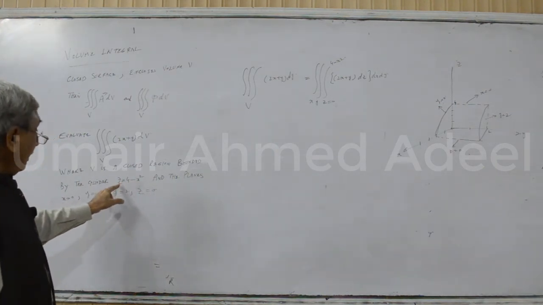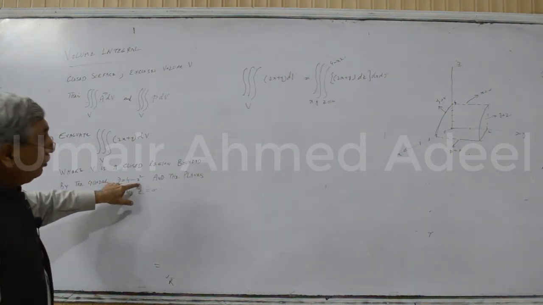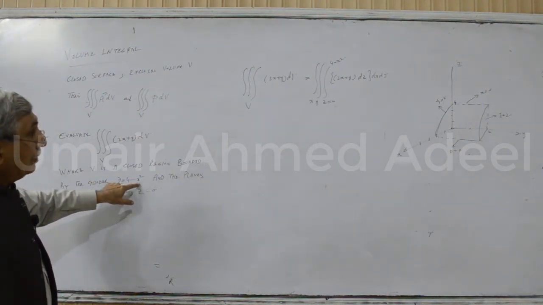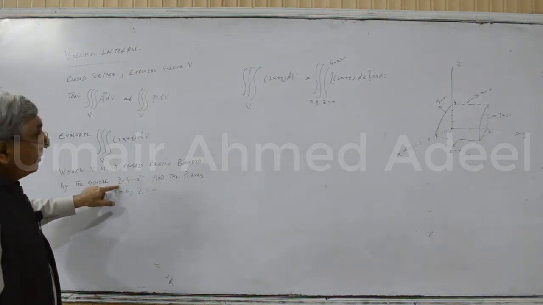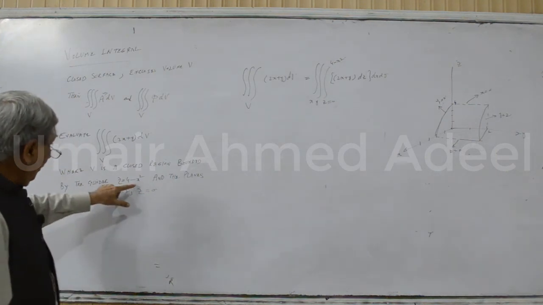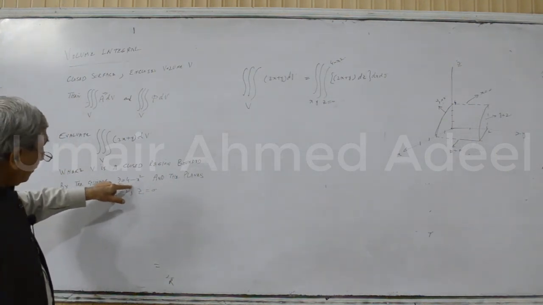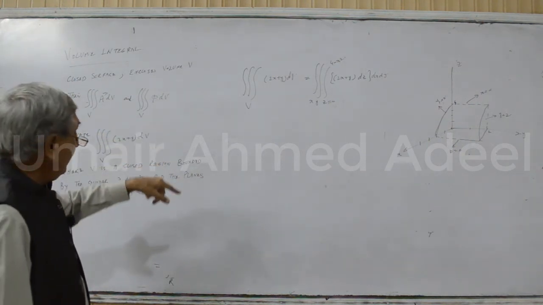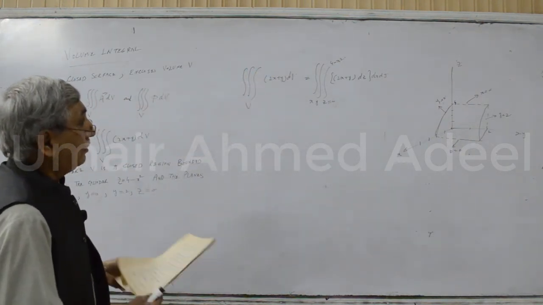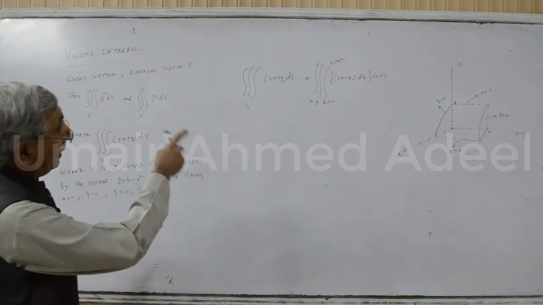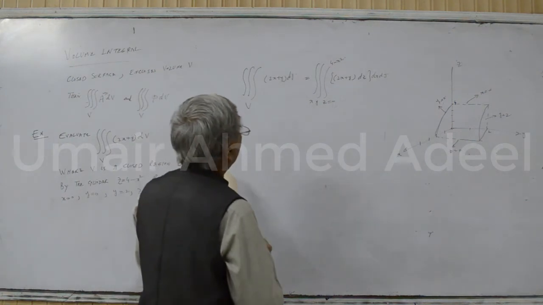So the value of z depends upon the value of x. The value of z goes from z is equal to 0 up to its maximum. Whatever value x takes, the value of z will change until it reaches its maximum, so this is why this integral is from 0 to 4 minus x square.